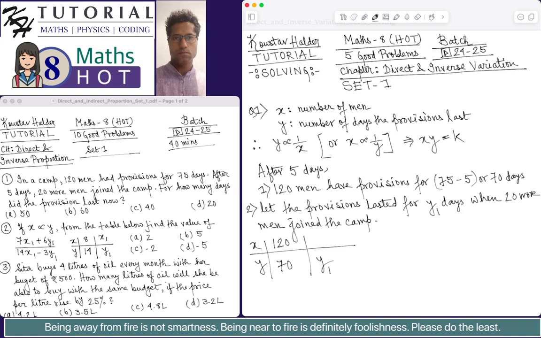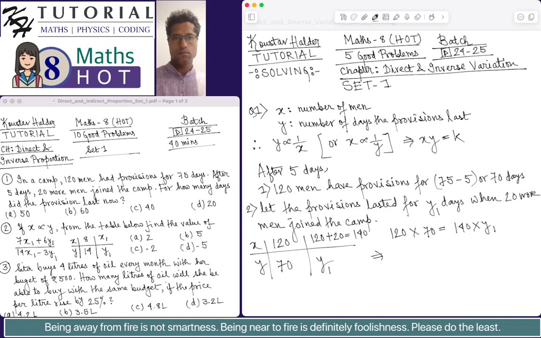So the second data is that the number of days the provision lasts is y1, whereas the number of men will be 120 plus 20, because after 5 days 20 more men have joined the camp. So this is 140. Now we apply the concept of inverse variation, that the product of the corresponding values should be a constant. So we must have 120 multiplied by 70 equal to 140 multiplied by y1.